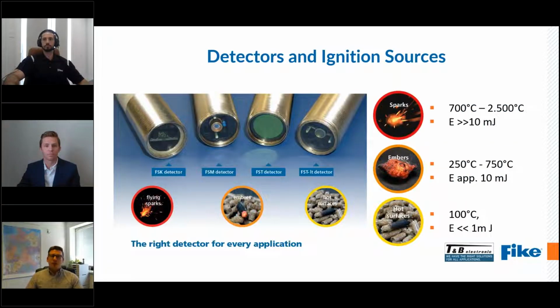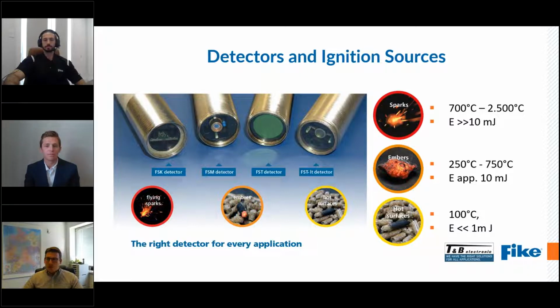On this foil, I will show you our different detectors and the different ignition sources. On the one hand, we have sparks. There we see a temperature of about 700 degrees up to 2500 degrees, and the energy of a spark is more than 10 millijoules.